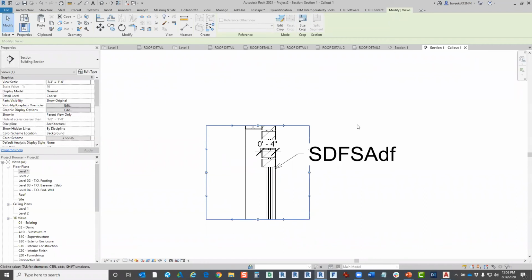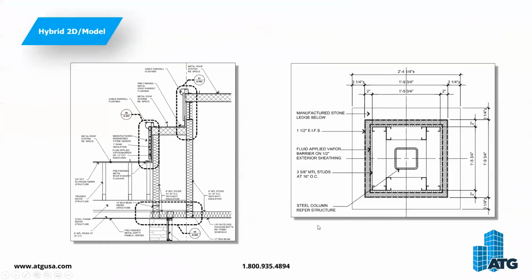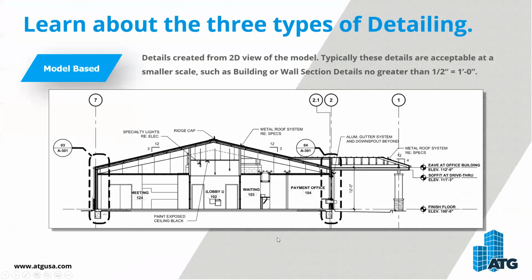So what I typically suggest for stuff like this, and it goes back to the presentation when it talks about the different types of detailing, is that I usually leave model-based detailing for the overall scale of the building, like half inch.